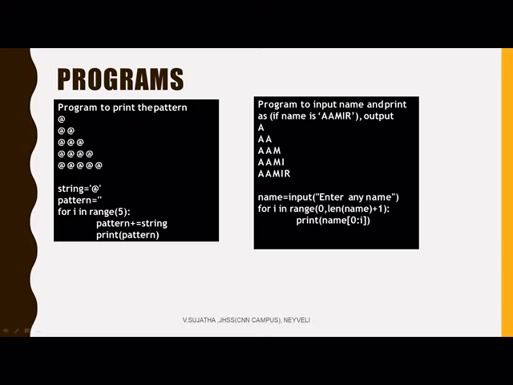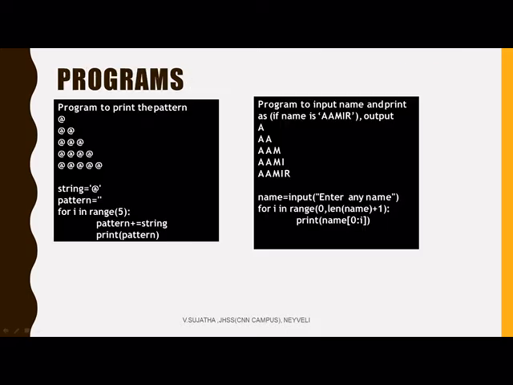Name of 0 colon i. Very first, the i value starts from 0. 0 colon 0 means nothing will be printed during the first iteration. From the second iteration onwards, it is going to print. So we can also start from 1. Whenever it comes to 1, 0 colon 1 means the 0 position alone will be displayed, which is A alone.